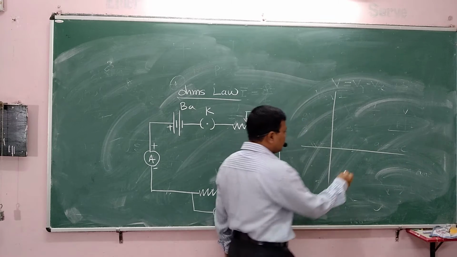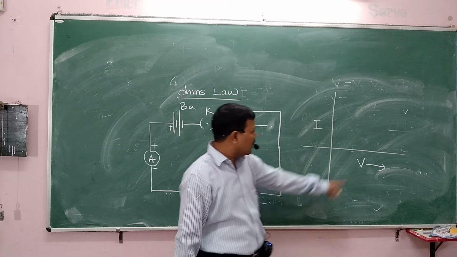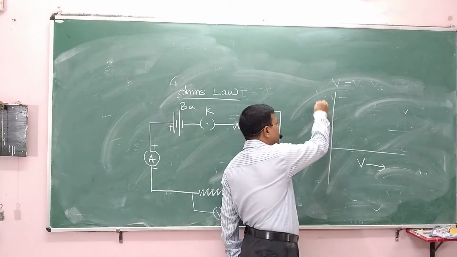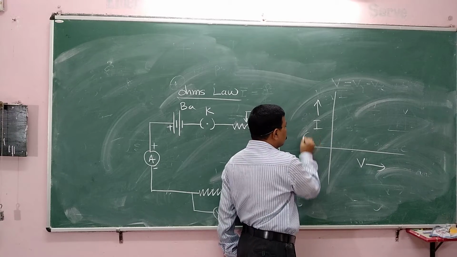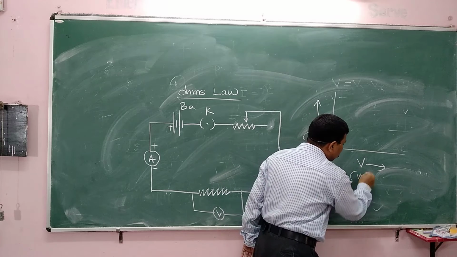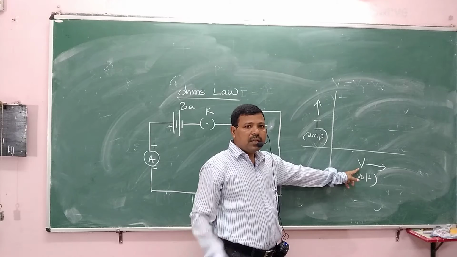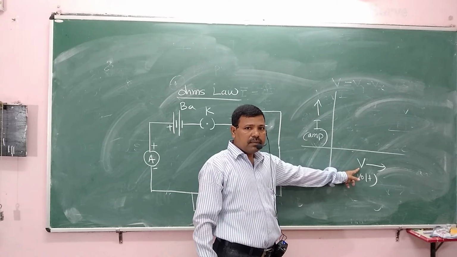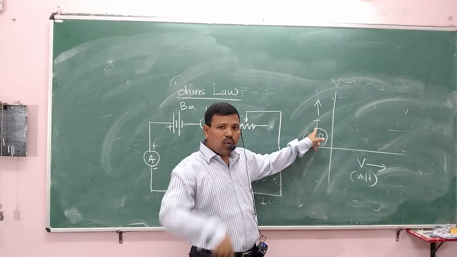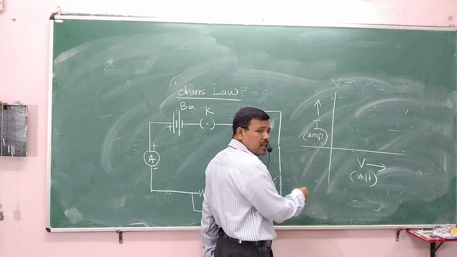Here is a graph, V versus I, or I versus V. Current is measured in ampere. Potential difference is measured in volt. The potential difference across the conductor and the current flowing through it have this relation. What is that relation?